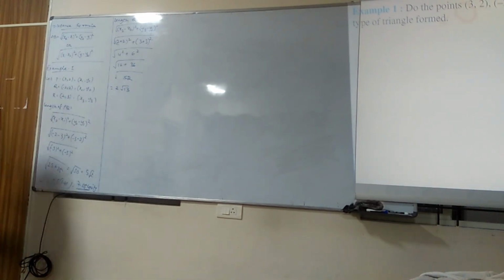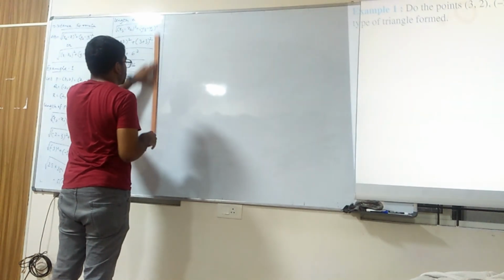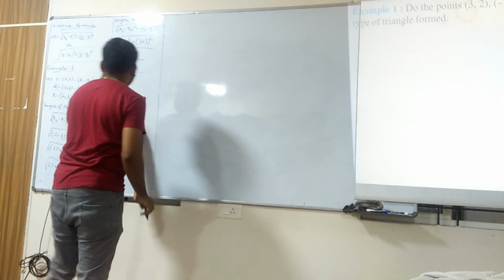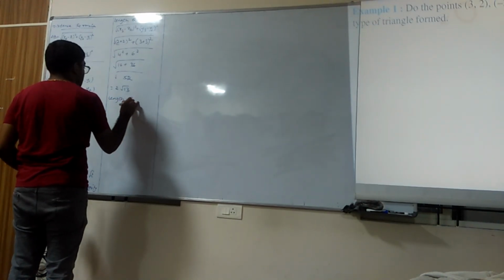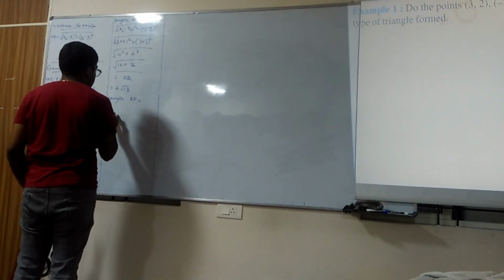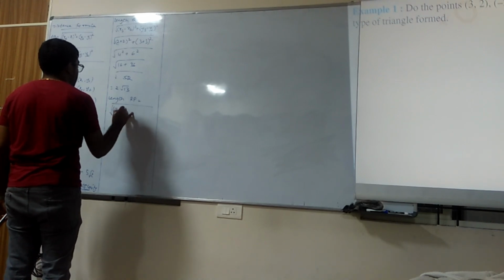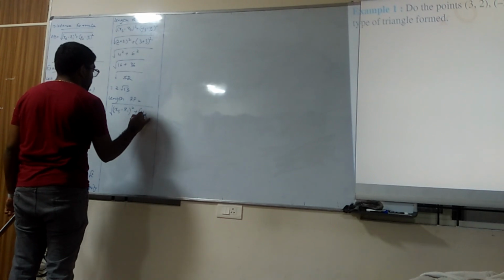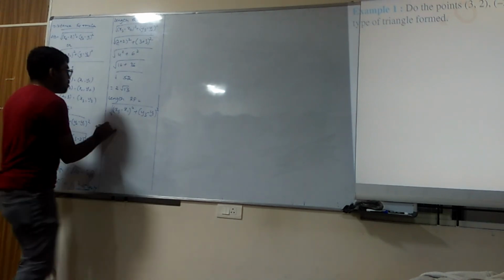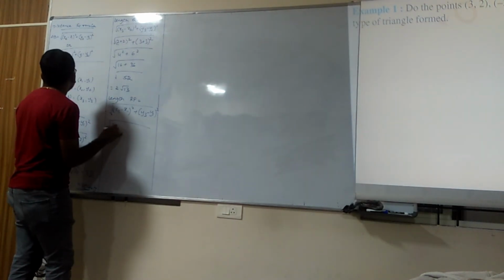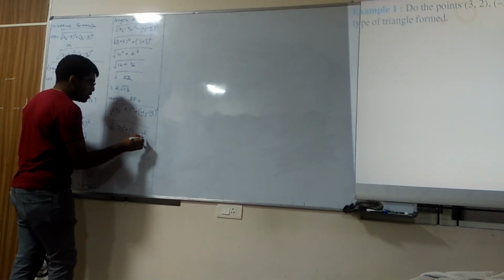Next, the length of PR. Root of x3 minus x1 the whole square plus y3 minus y1 the whole square. Substitute: root of (2 minus 3) the whole square plus (3 minus 2) the whole square.